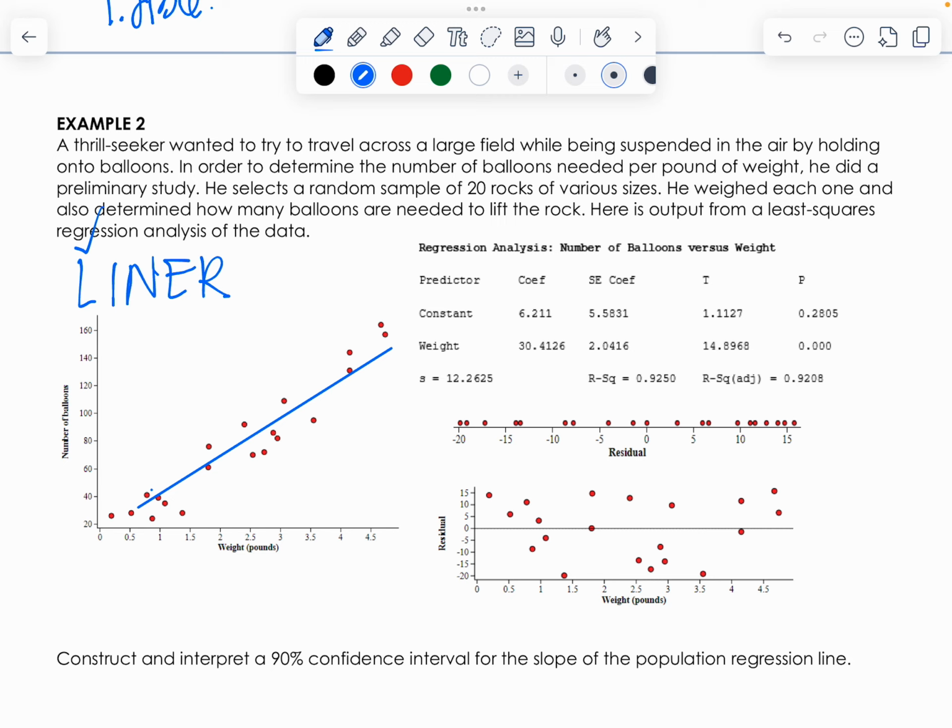I would be independent. Independent is checked off if your sample size is less than 10% of your population. 20 is absolutely less than 10% of all rocks. Normal. N, normal is your residuals, right?